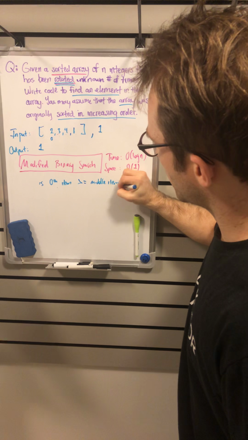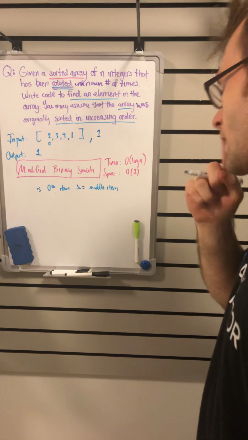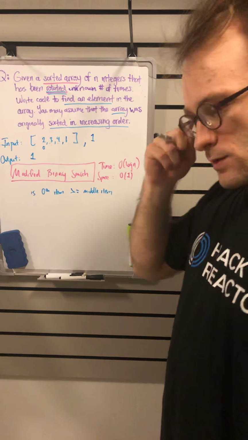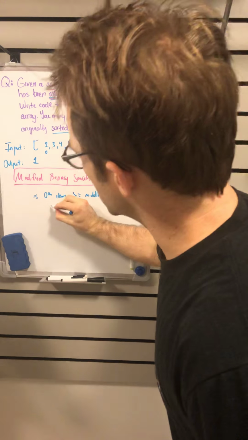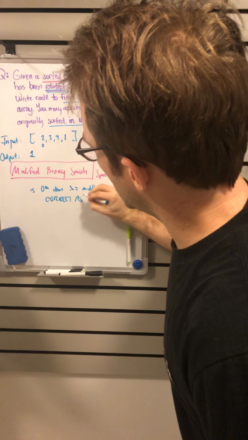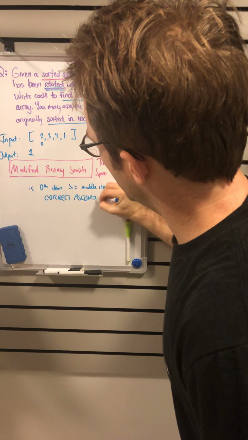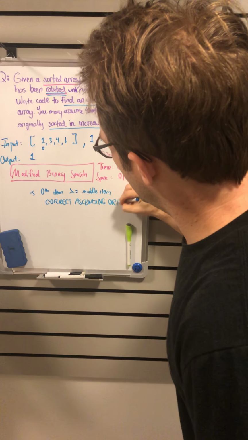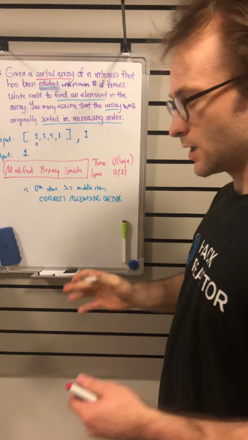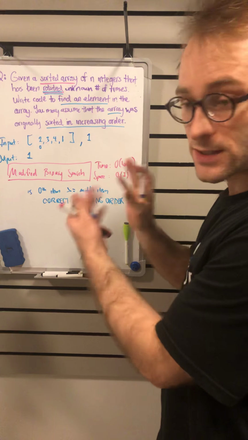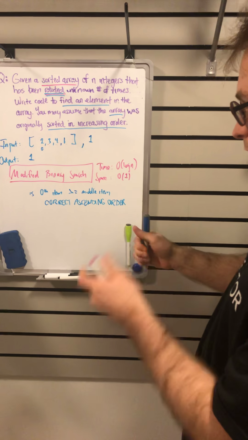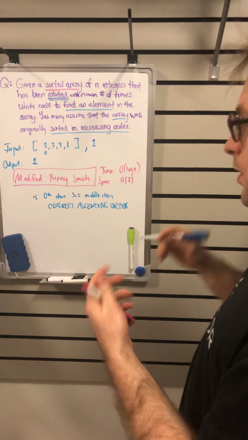Why is that significant? Because if this is true, this tells me, okay, this is correct ascending order, at least for this subset. So we ask that, and if that's true, we're going to ask another question.